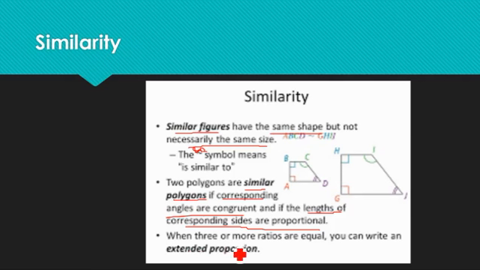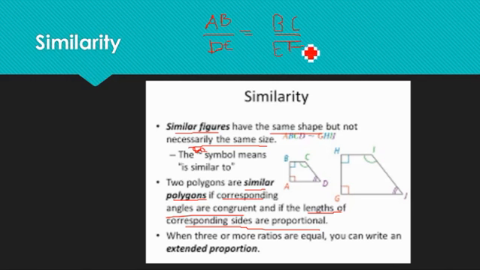And last but not least, when 3 or more ratios are equal, you can write an extended proportion. Instead of just having two ratios set equal to each other, for example, if I had that and I had that, that is our normal looking proportion.